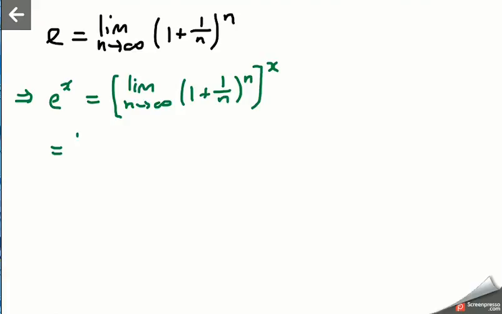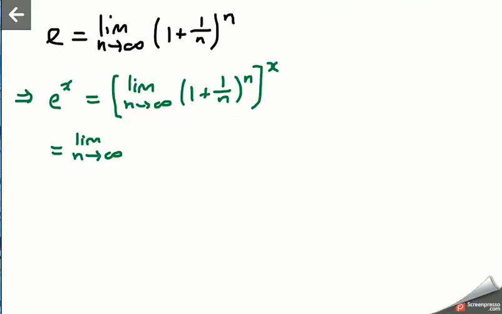Remember, we're supposing that this limit inside the brackets exists. So if that limit does exist, then when we take it to the power of x, it's the same as taking all those (1 + 1/n)^n to the power of x and seeing what happens as n gets bigger and bigger.